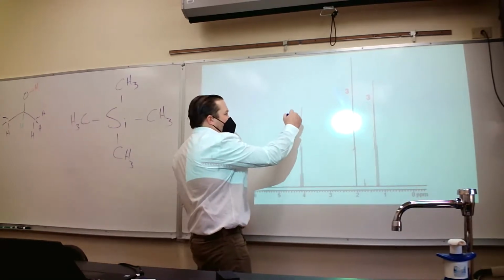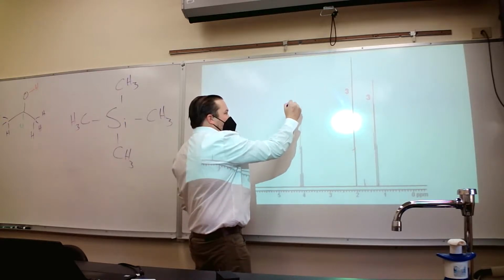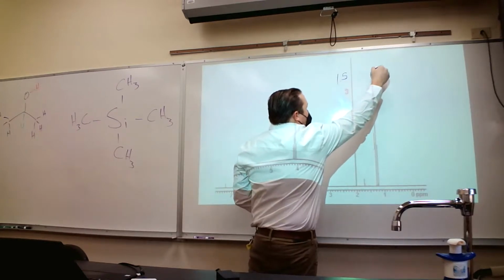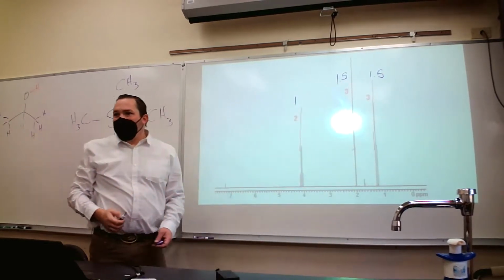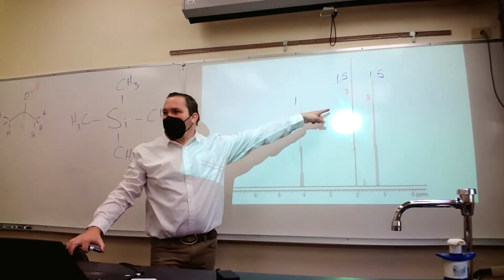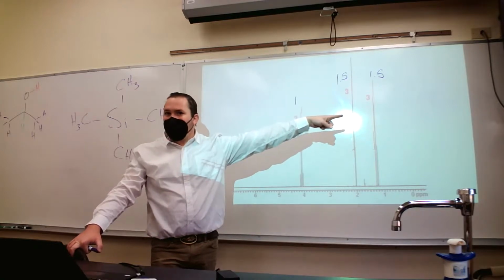But if you have a compound where your smallest peak is actually 2 protons, if we called this 1, these would show up as 1.5 and 1.5. So we just have to look at that and go, well, I can't have half of a proton. So really, this must be 2 and 3 and 3.